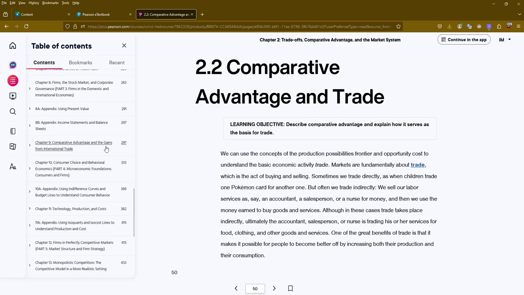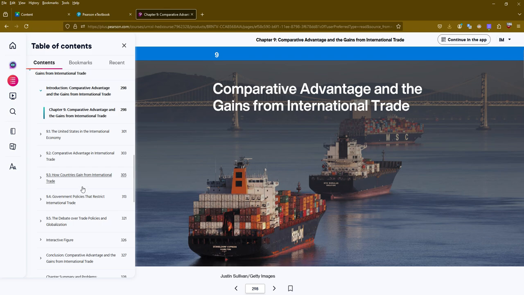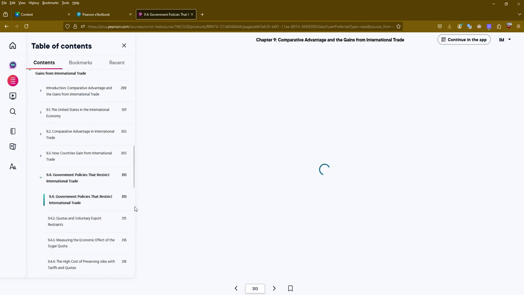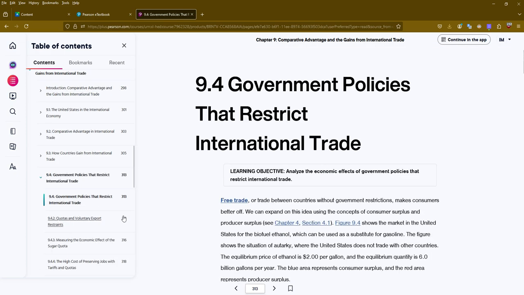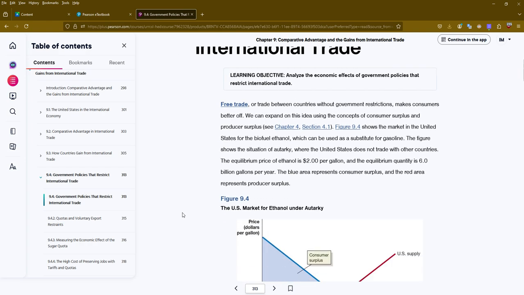And what chapter 9 does differently from chapter 2 is we talk about not only in the context of individuals, but specifically we're going to expand it to the context of countries. We're going to talk about government policies and what happens when governments interfere or place restrictions on international trade in some way. And sometimes those restrictions are good and make sense, and sometimes they don't.